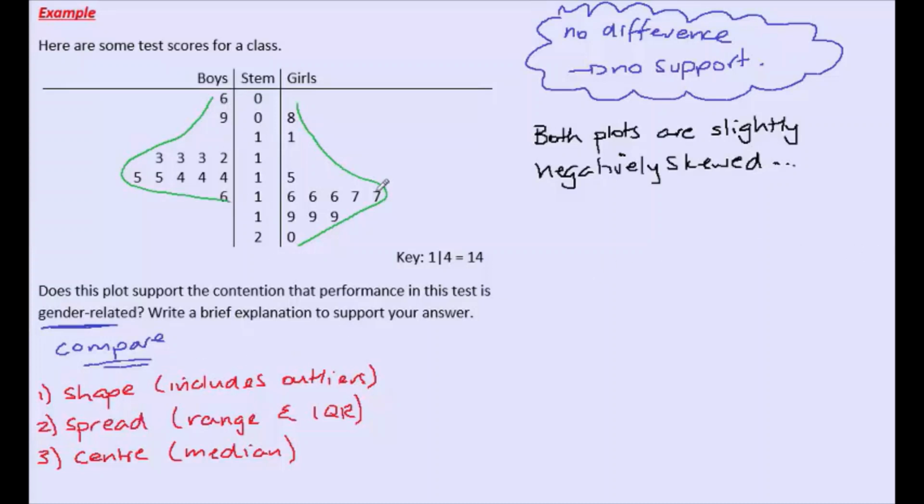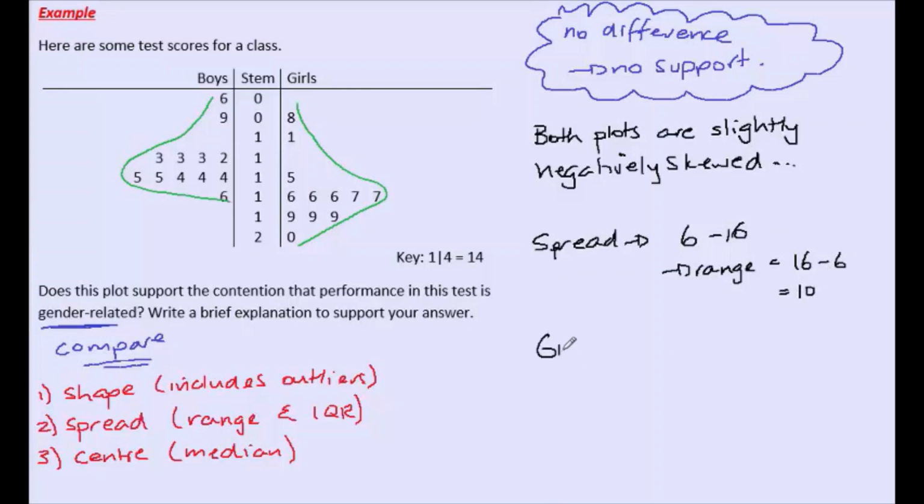Now the spread for boys, it is from 6 to 16. So therefore the range is 6 to 16, 16 minus 6 equals 10.